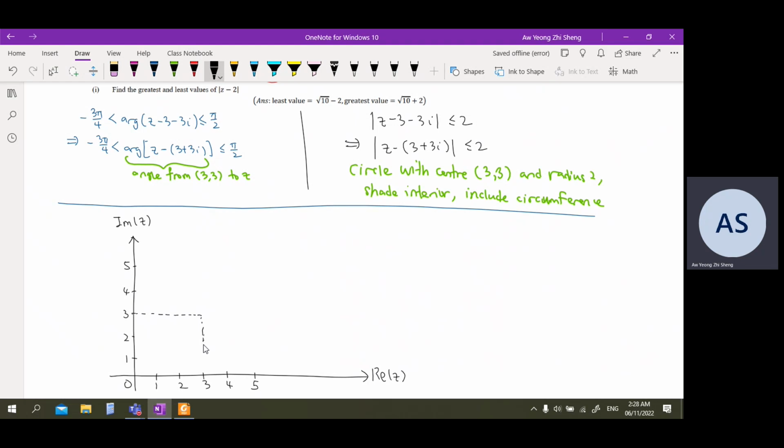Use dotted line to align the position of your center. So you have your center 3, 3, radius 2, 2 units to the left, 2 units to the right, 2 units below, 2 units above. So now I have these 4 points to guide me when I draw my circle. Because this circumference will be included, I can use a solid line to draw my circumference.